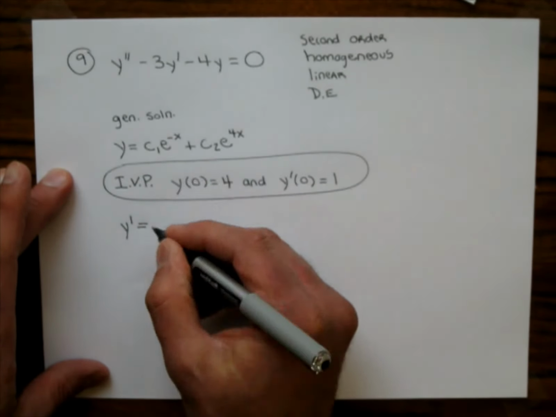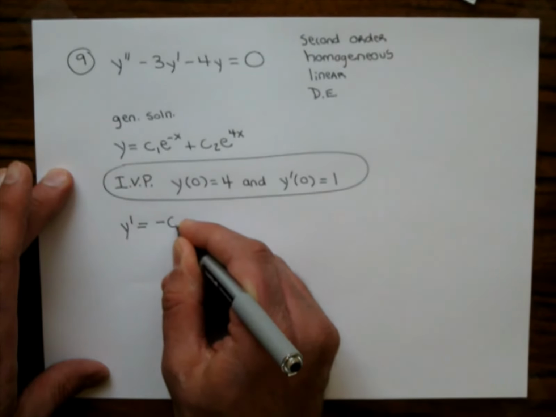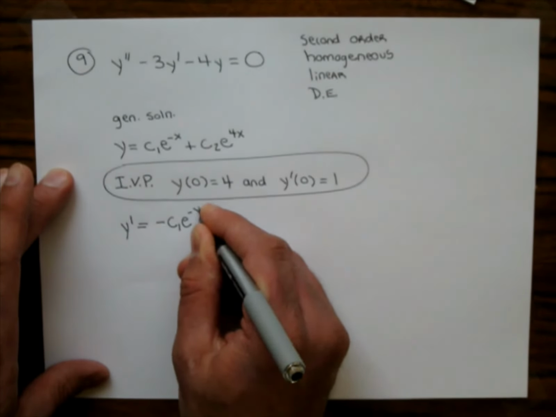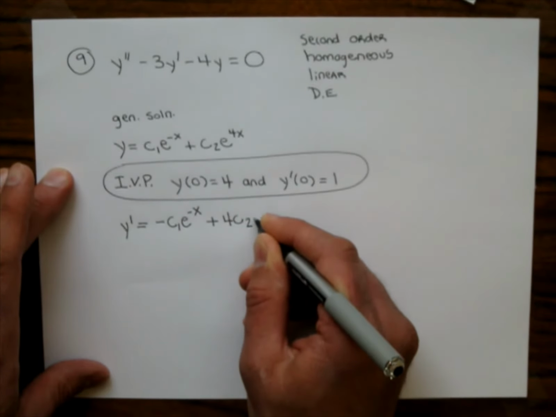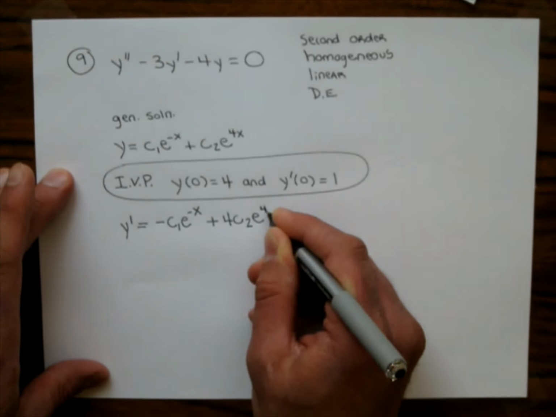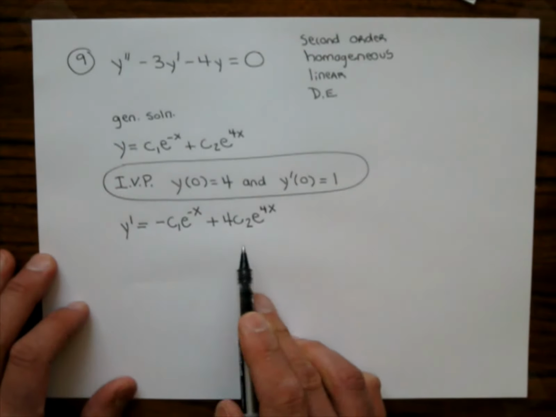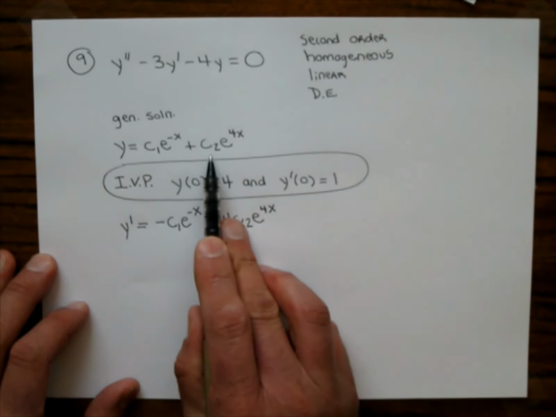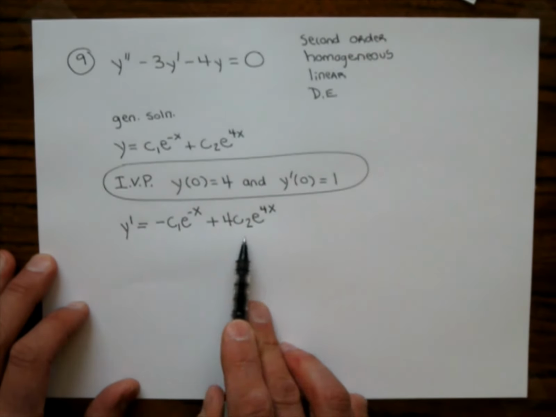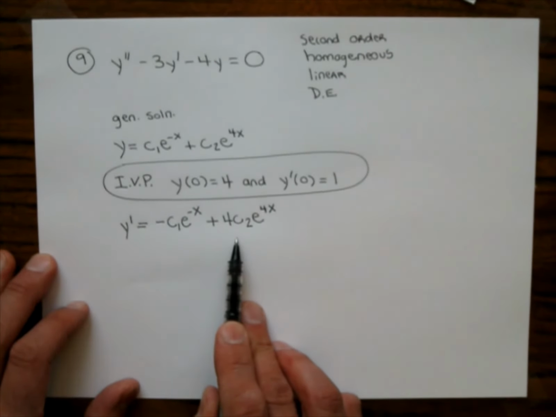So y prime is negative c1 e to the negative x, using a little chain rule, plus 4c2 e to the 4x. Now we don't want to go, oh, 4c2 is just c2, because we have a c2 up there. So we don't want to start mucking around with our c_i's at this part.